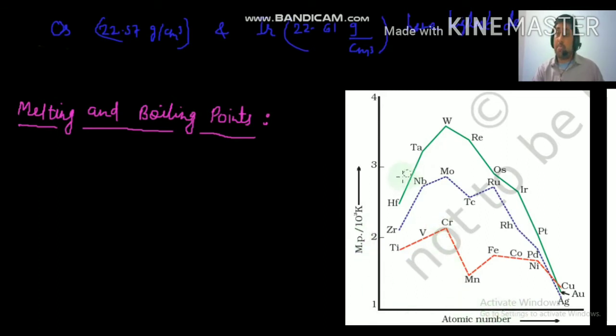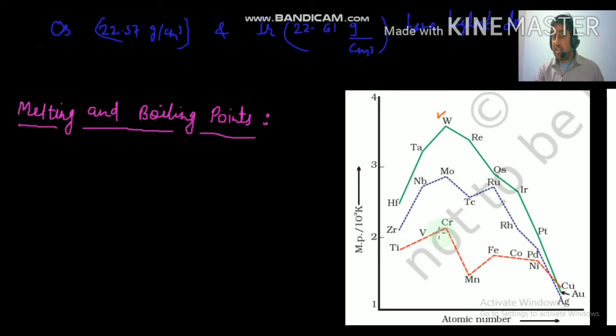You see somewhere in the middle is the highest melting point. Here tungsten, then molybdenum. After that in technetium it decreases, then further rubidium again increases.